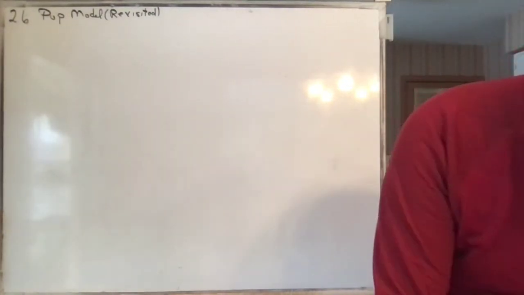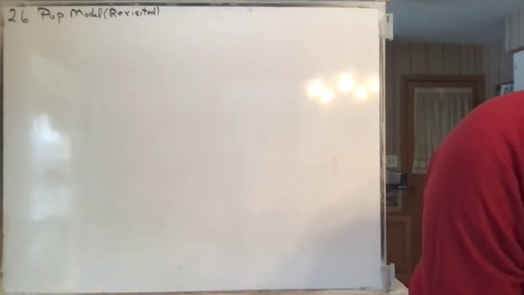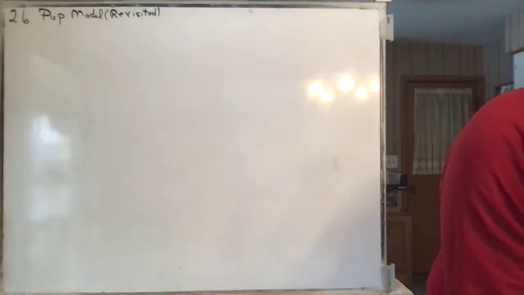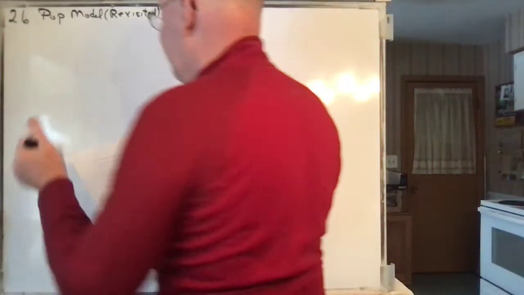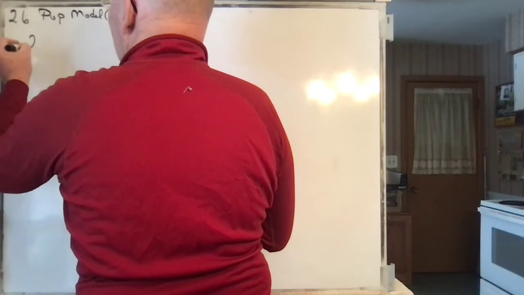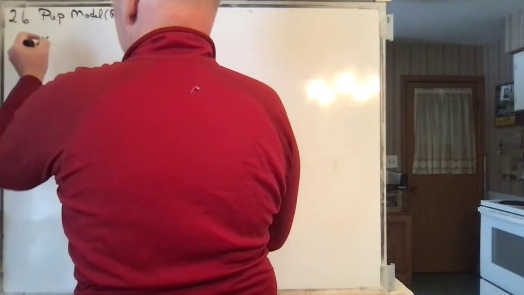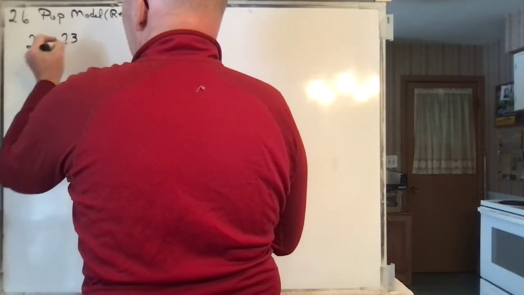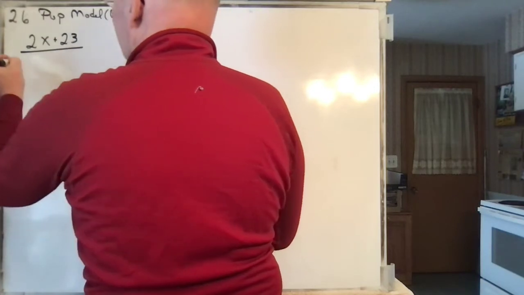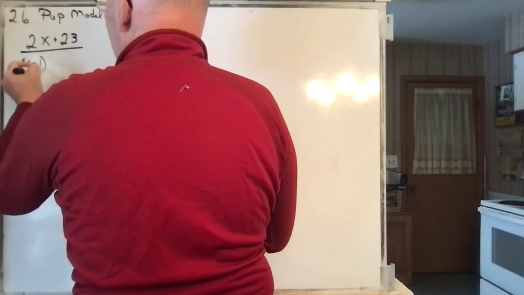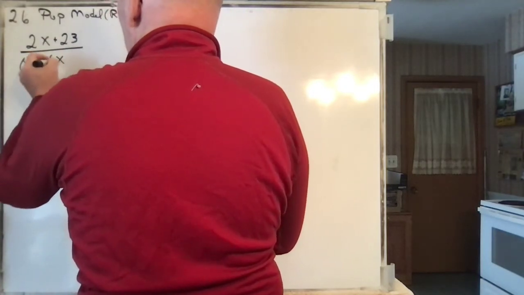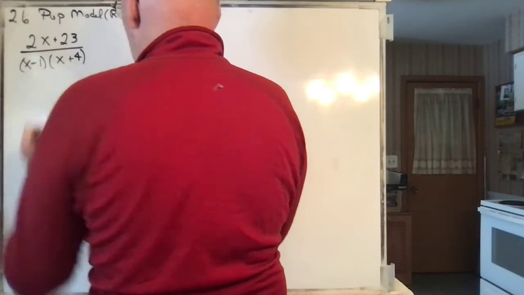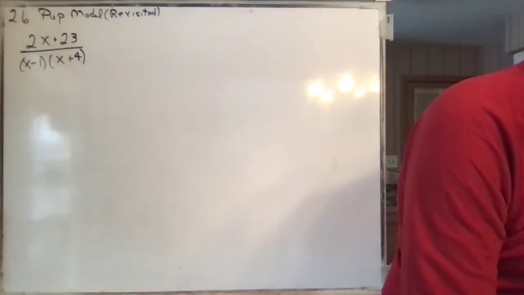So let's do an example just to show how you go in that other direction. So suppose you have, let's take the same one that we had, 2x plus 23, that was what we got for an answer, all over the quantity x minus 1 times x plus 4. And how do we go about doing it going backwards?